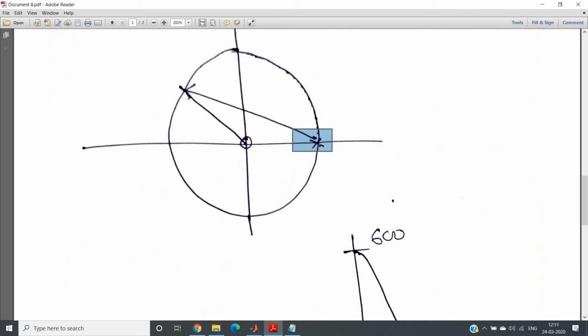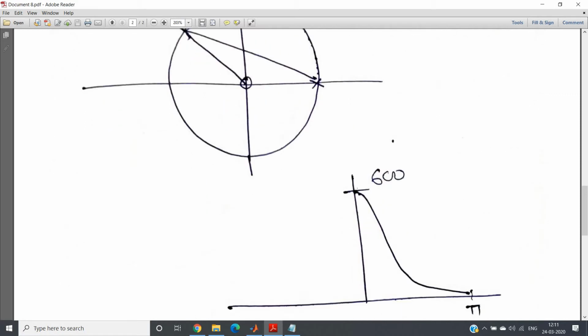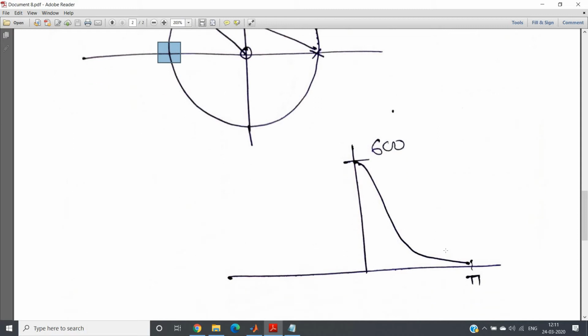The pole will try to increase the gain, but the zero, as it is closer, will decrease the gain more, and as a result, as we move from 0 to pi, the magnitude response decreases. And at pi, what will happen? If you consider this particular point here, the distance with respect to the zero is very small compared to the distance with respect to the pole. So as a result, we will get a very high amount of attenuation. For this reason we are getting this kind of magnitude response curve.